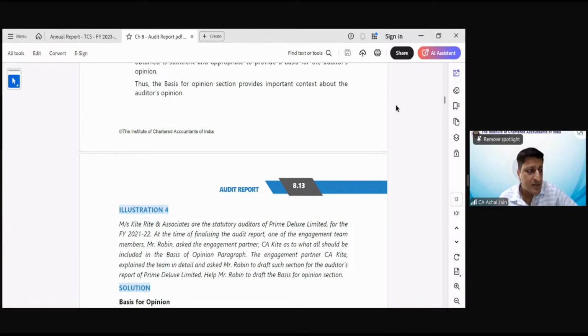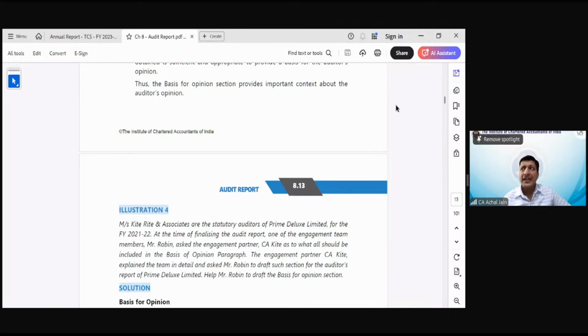Now in this case, what you should do is you should also try and draft that. And we've just discussed that. So quickly, if you can just try and draft this, over to you.